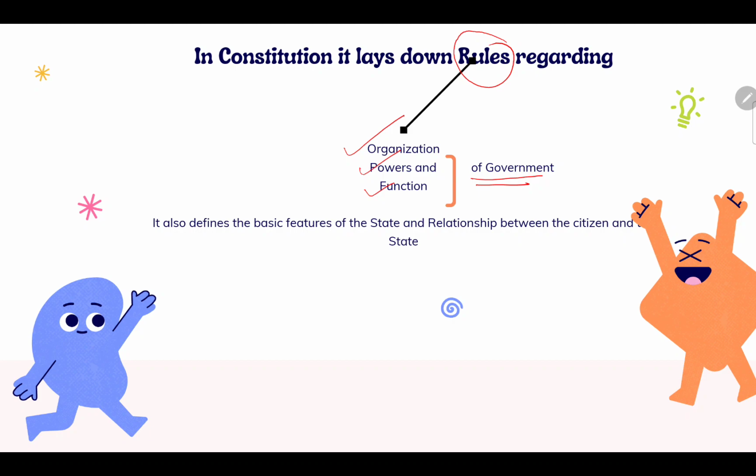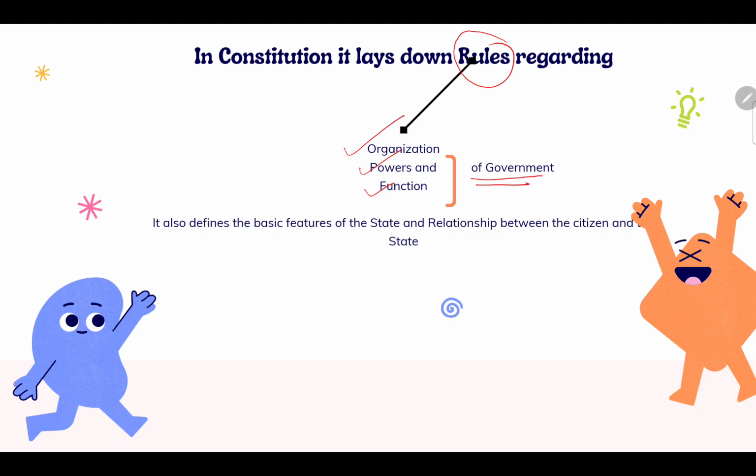The constitution lays down different kinds of rules regarding how the organization should function, what the powers distributed among the legislative, executive, judiciary and different branches of the government are, and what the functions of particular organs of the government are. These are the things that the constitution describes.